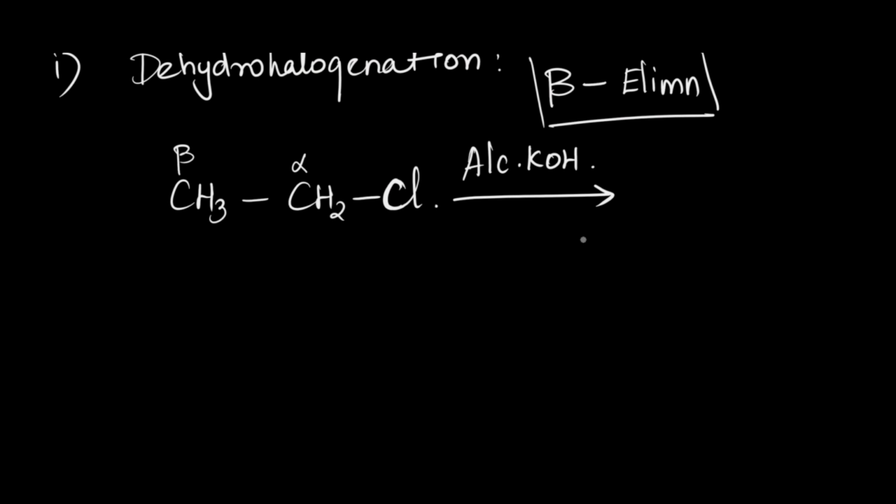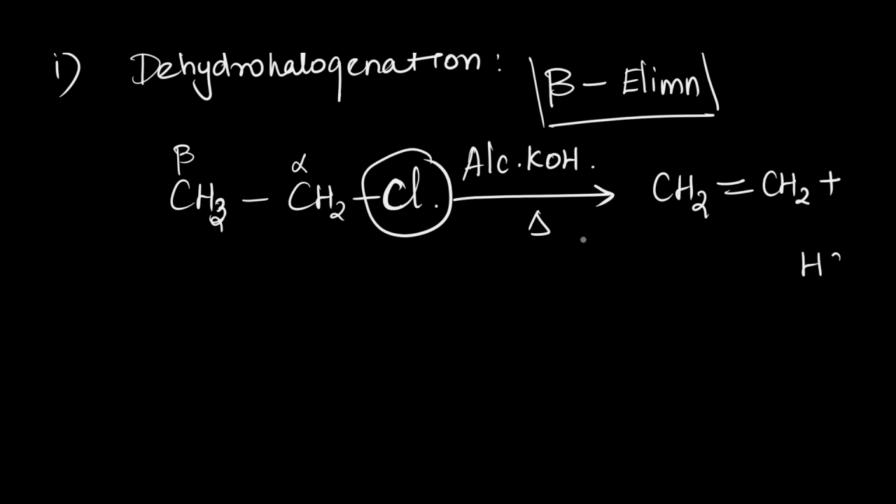Alcoholic KOH undergoes elimination, aqueous undergoes substitution. So Cl and one of those hydrogens will get eliminated to give CH2=CH2 plus HCl.